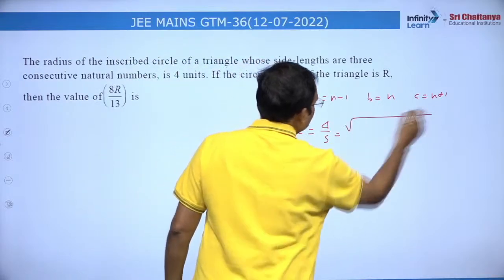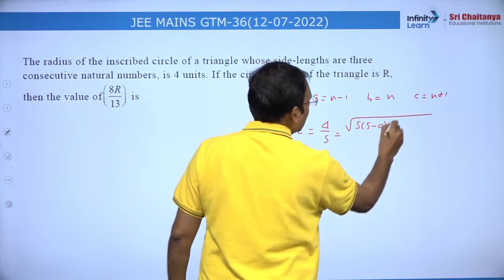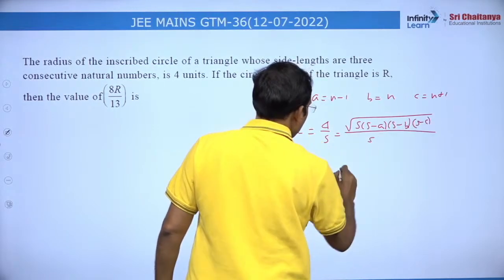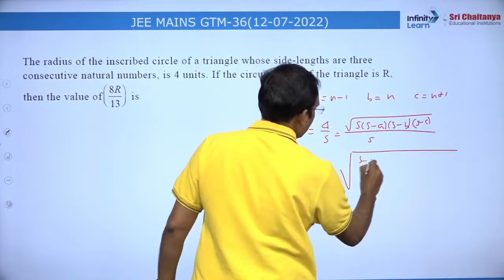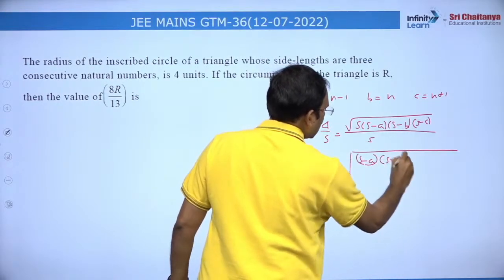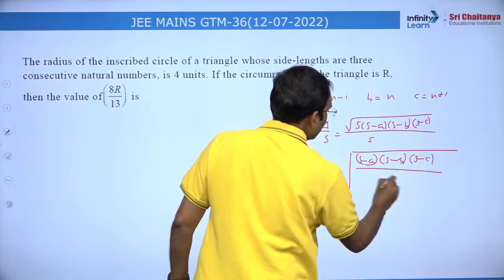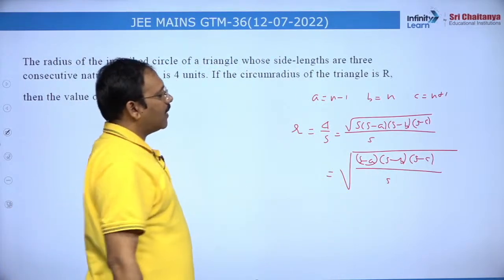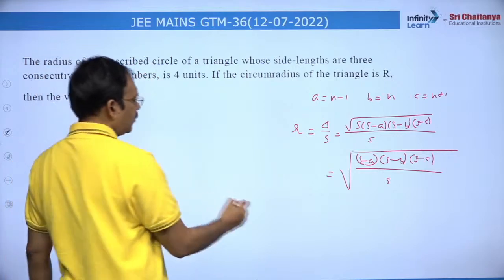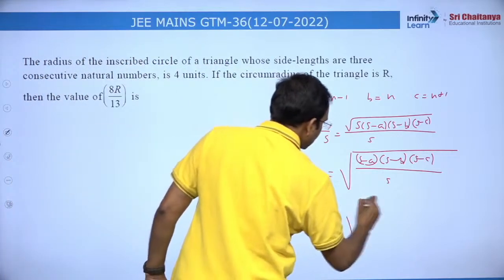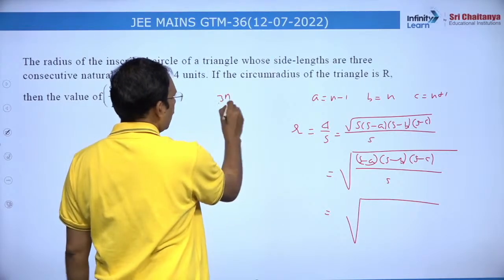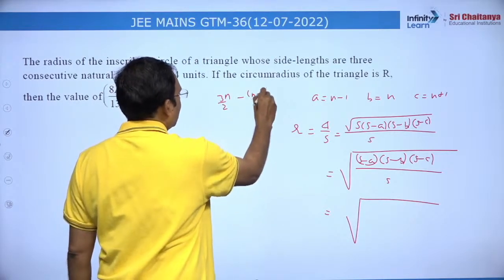You know delta is the square root of s into s minus a into s minus b into s minus c, so r is root of s minus a into s minus b into s minus c by s. In fact, s is going to be (a plus b plus c) by 2, which is 3n by 2. You just substitute 3n by 2 minus n minus 1, minus of n minus 1.